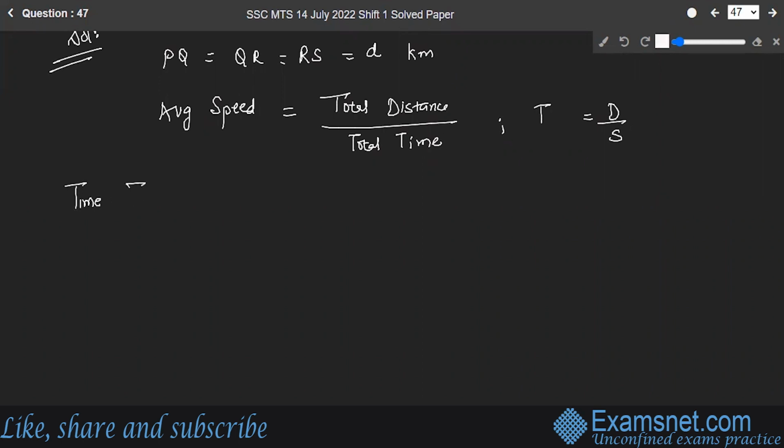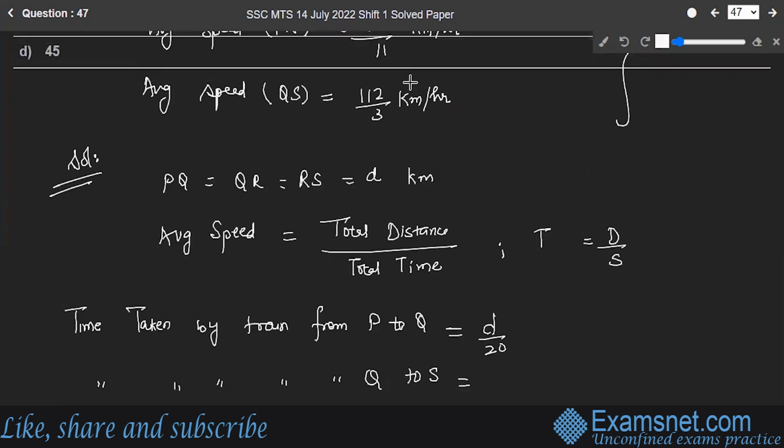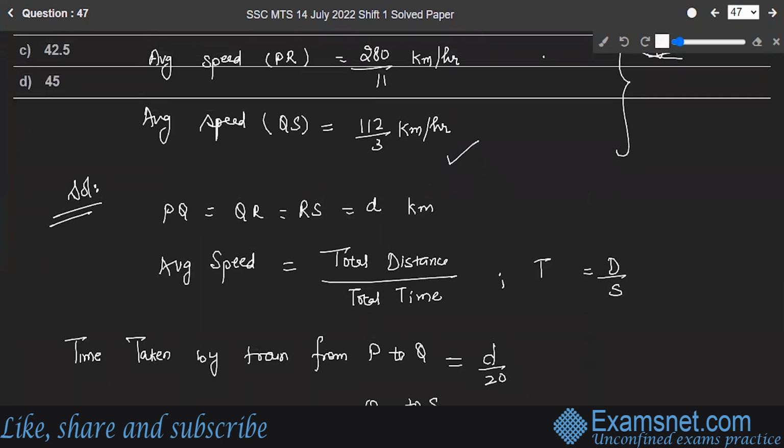Time taken by train from P to Q is D by 20, right? Because the distance was D and the speed between P and Q was 20 kilometers per hour. Now, time taken by train from Q to S. From Q to S, you are given the average speed.